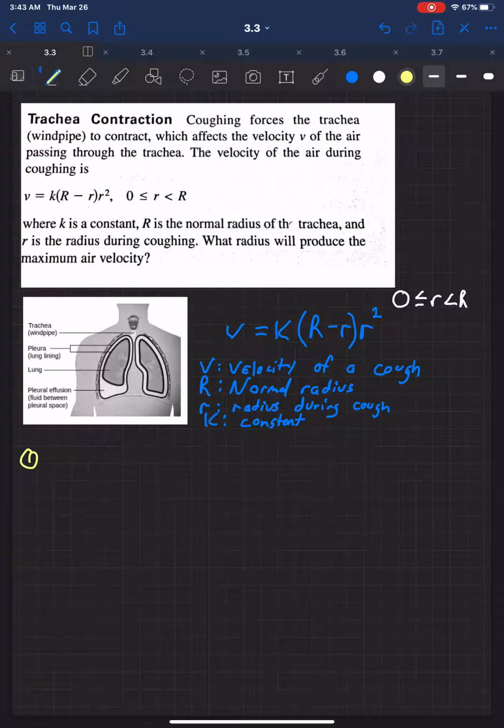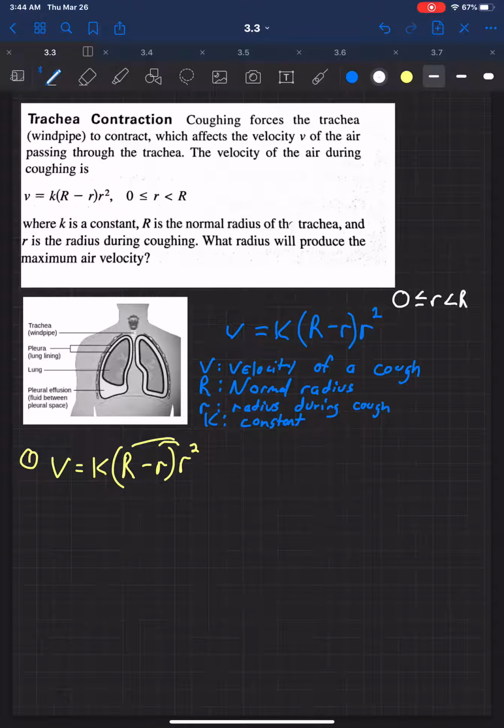So how do we do this? Well, remember step one? Step one is always to take the derivative. So let me go ahead and write v is equal to constant k multiplied by big R minus little r, multiplied by r squared. Now, I'm going to make this derivative a little bit easier by distributing the r squared.